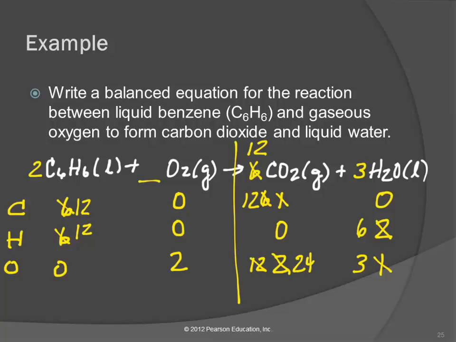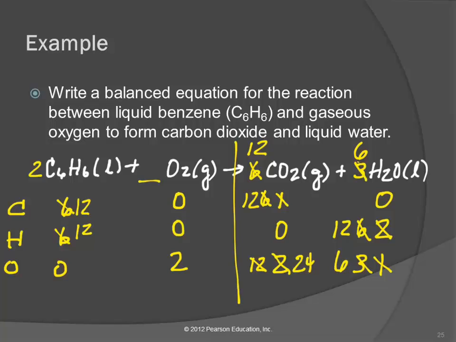Don't be afraid that that's too large of a number. It's okay. And over here we need to double this and make that 6, and that makes this 12, and that makes this to be 6. Okay? See that? I just doubled everything except the one we're trying to fix at the end there.